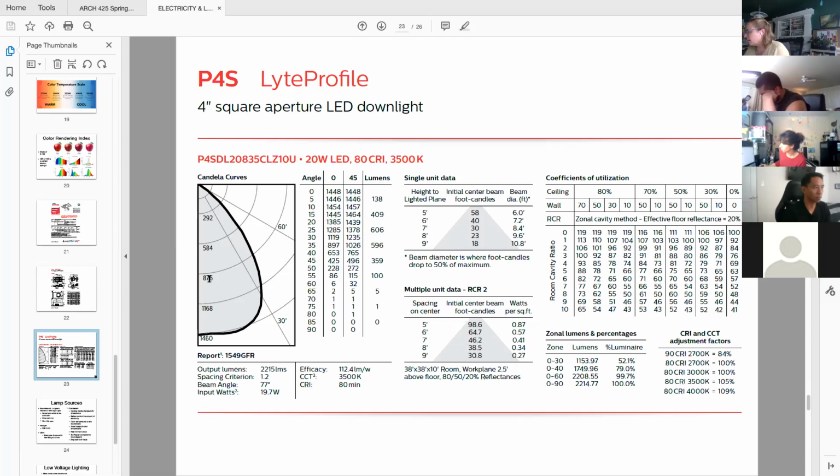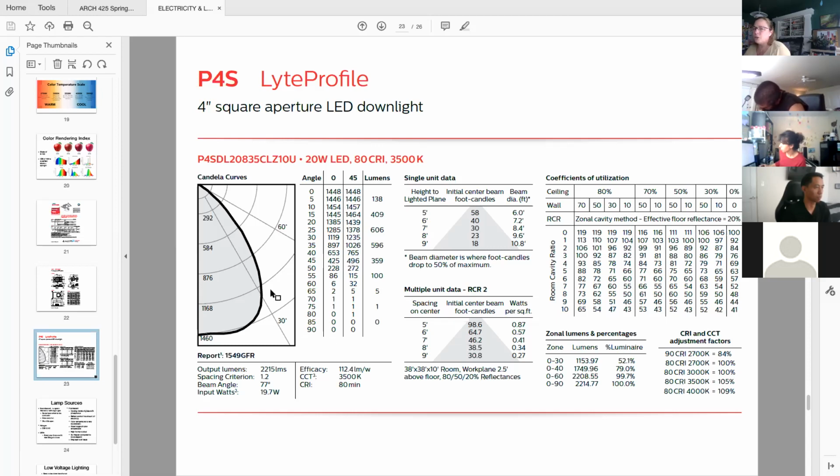This is the spacing from the center of the fixture going out, and what the candela amount is at each distance based on the degree of the fixture. So 30 degree versus 60 degree.